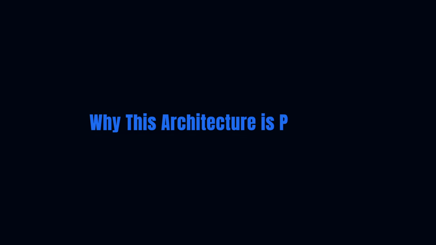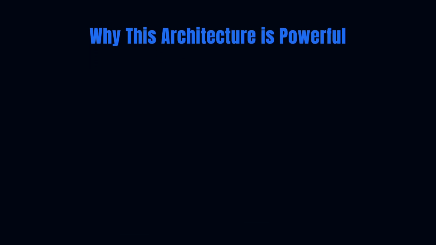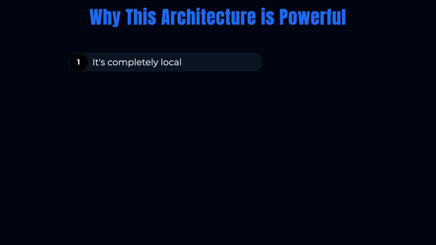I believe there are 5 reasons this architecture is so clean. First, it's completely local, no API costs. Second, every layer has a single responsibility. UI, application, inference, models, storage, everything has a single responsibility.